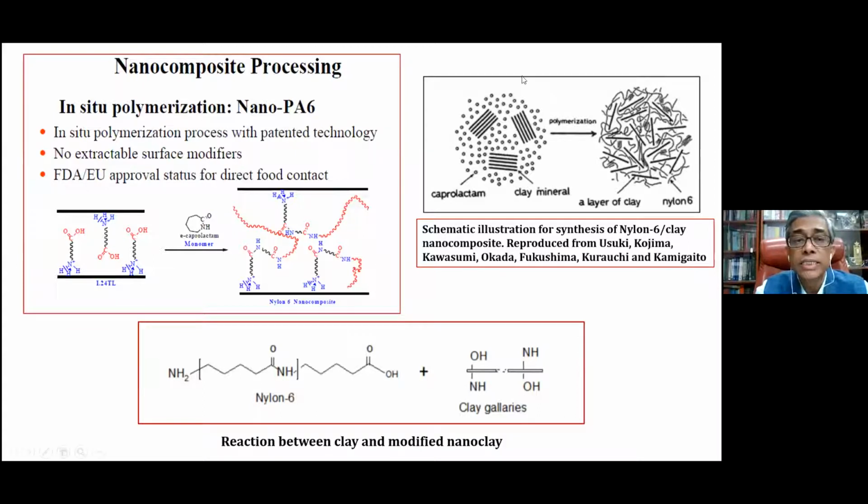Take the example of nylon 6 and nano clay. You see how in between the nano clay layers the caprolactam monomer has gone, and in situ polymerization happens, and you get a nanocomposite. That's what Toyota could do. We can also do melt intercalation.